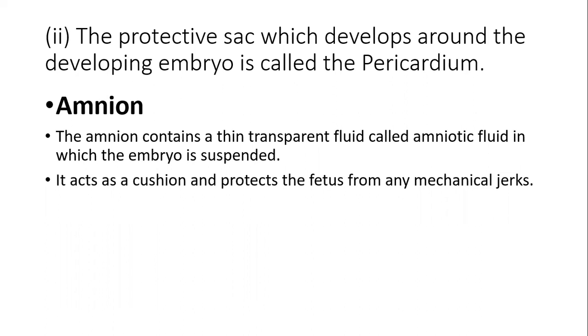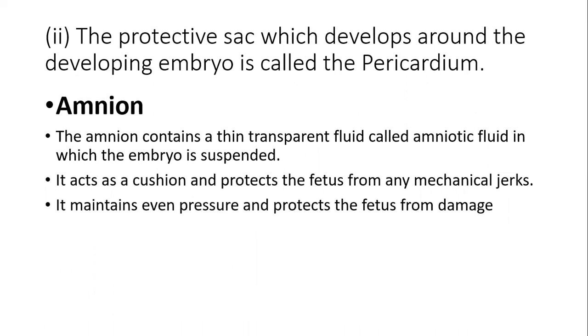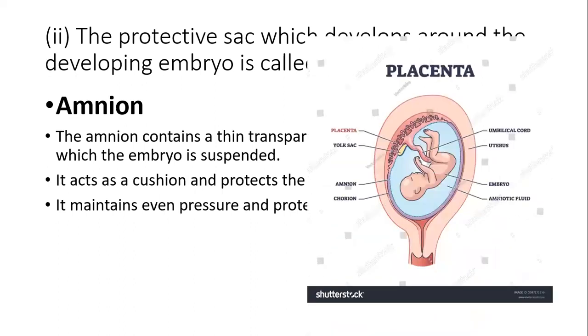It maintains even pressure and protects the fetus from damage. This is the structure: this is the placenta, this is your umbilical cord, the entire covering is called the amnion, and there is amniotic fluid.